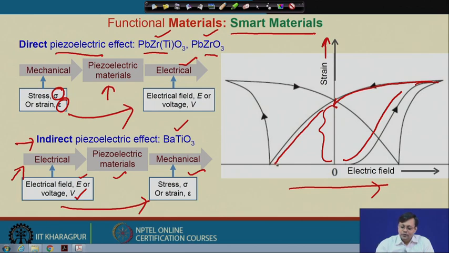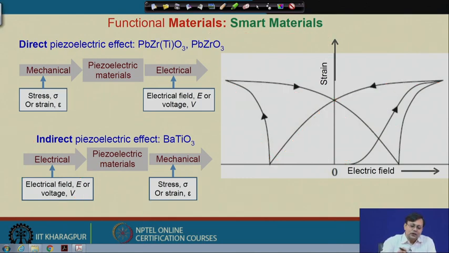Now, if we go further, it goes here and then again it returns back. So, you can see that this is a very interesting phenomenon, and this plot looks like a butterfly. So, these are very interesting smart materials that are often used.